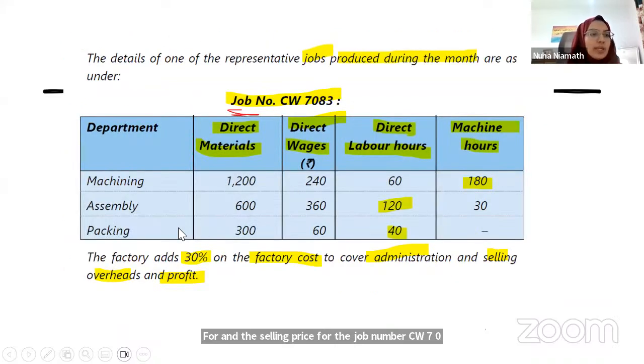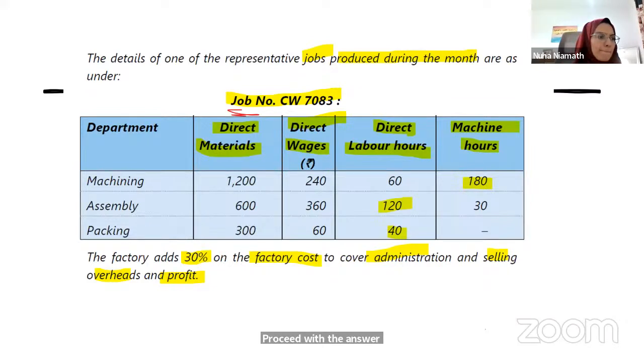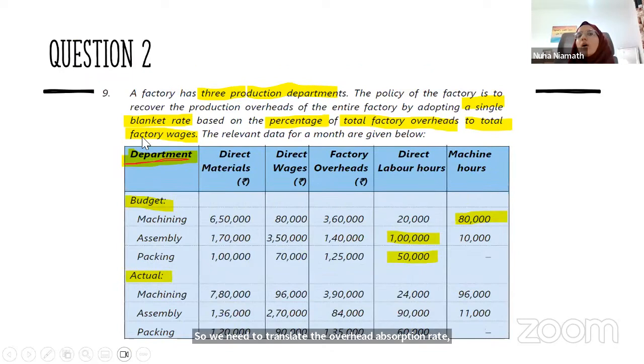So how do you think we can proceed with the answer? So we need to calculate the overhead absorption rate, right? Now the question itself has given that how they are absorbing. We are doing a percentage of the total factory overheads divided by the total factory wages.